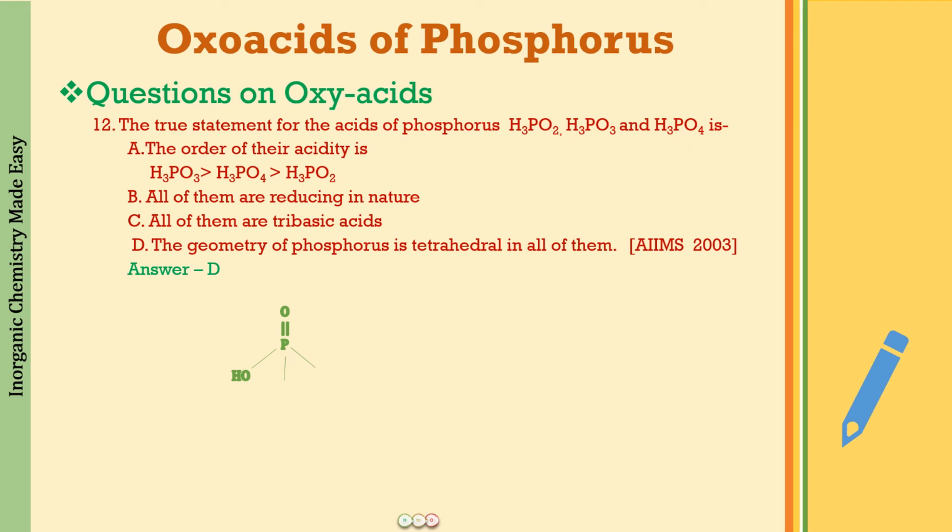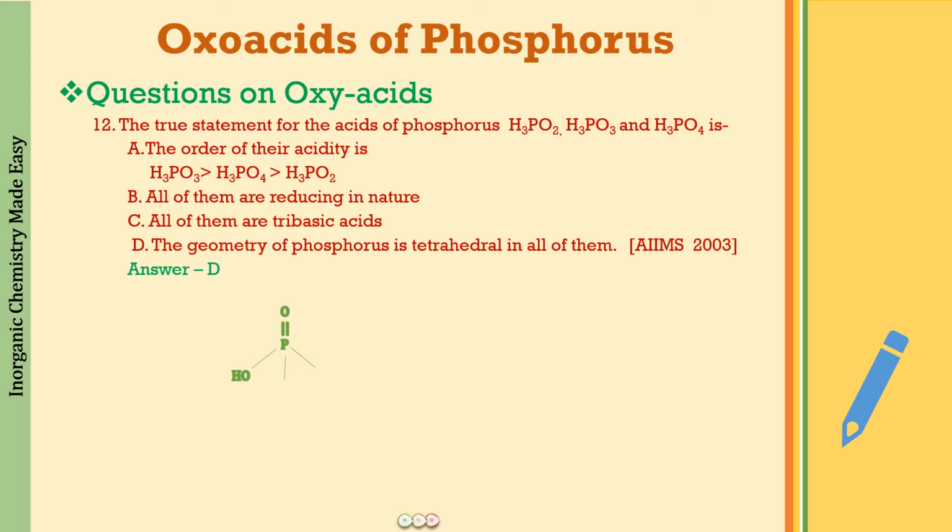Now, the A choice, this gives the order of their acidity. So the order of the acidity should be opposite to the order of basicity. The term acidity we generally use for bases, where we say that the acidity of a base is equal to the number of OH ions which are furnished into the solution.